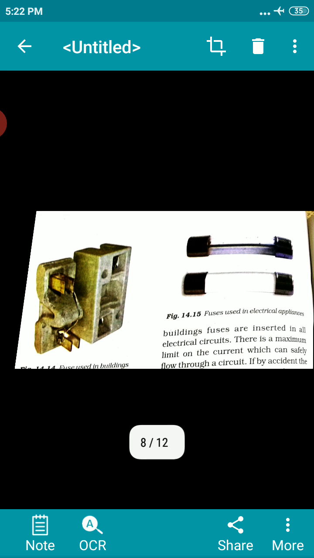So, what will happen if a large amount of electric current passes through an appliance? It causes the wires to get overheated and the appliance gets damaged. This situation arises as a result of some fault in the circuit and can be extremely dangerous as it can lead to a fire. So to prevent electric appliances from getting damaged from an excessive flow of current, a safety device called fuse is used.